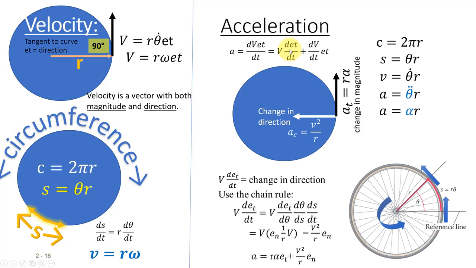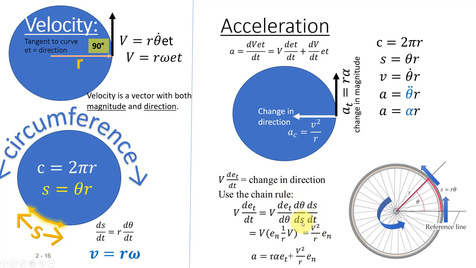Okay, so the change in direction, you use actually this really long chain rule to get through this, to find the v squared over r. So if I multiply it by dθ/dθ and ds/ds, you're just multiplying it by 1 and then by 1 again. But you do this, the ds/dt, that turns into velocity again. So I end up with a v squared.